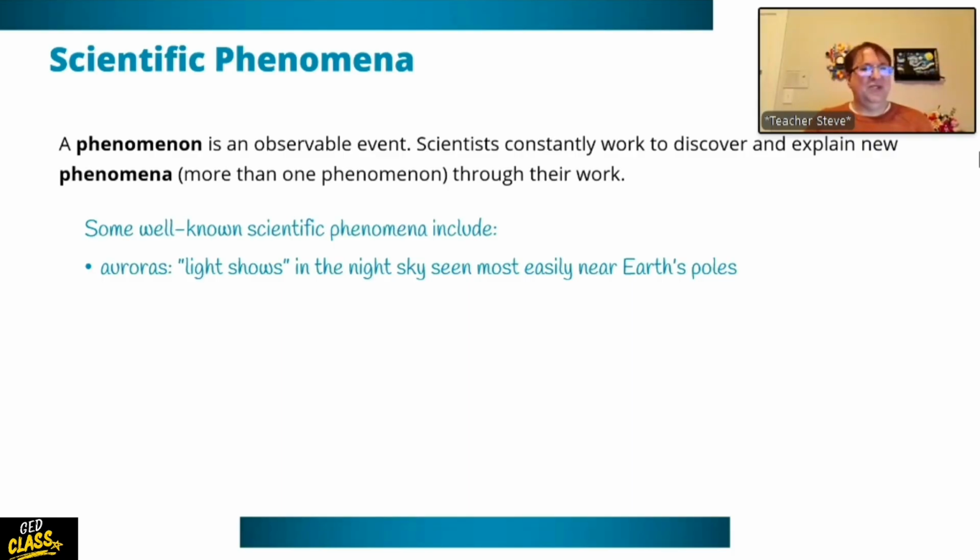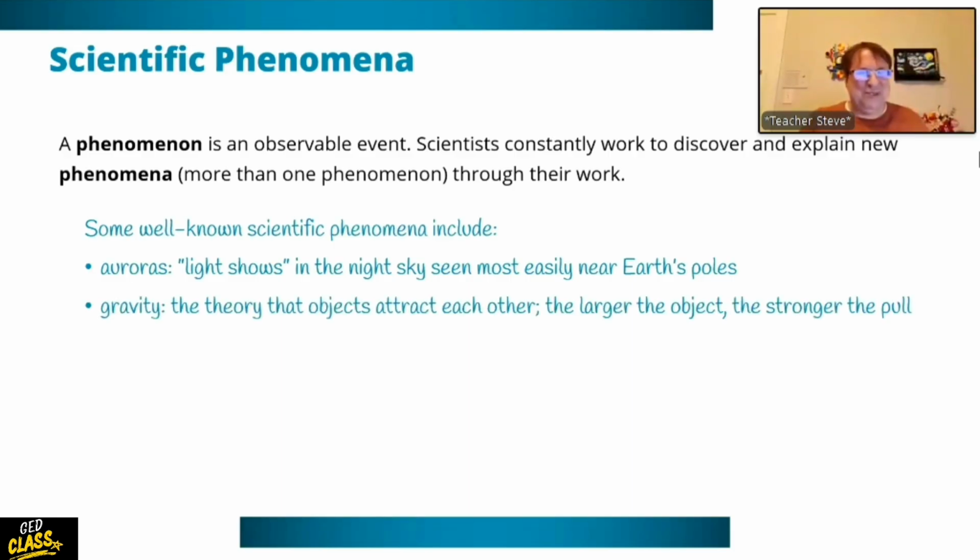I used to actually know why, and I totally forget. It's something to do with further up in the atmosphere. Or even gravity. Newton with the apple. That's something that's observed. Objects attract each other. The Earth, the big object below us, attracts us.